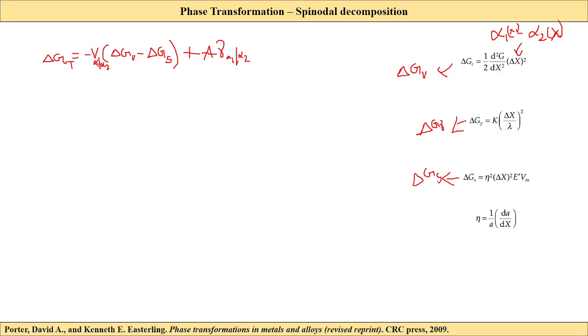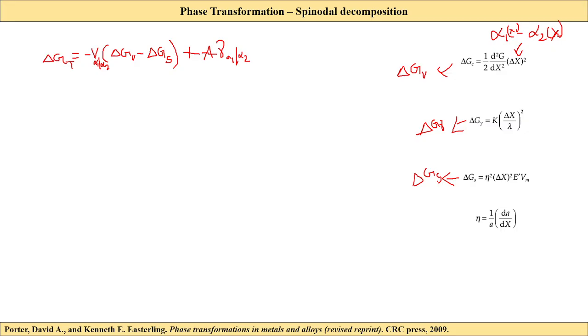So alpha 1 is closer to pure A, which means it has a lattice parameter close to that of pure A. And alpha 2 is very close to B, so it will have a smaller lattice parameter compared to pure B, but a little bit higher lattice parameter when compared to alpha 1.